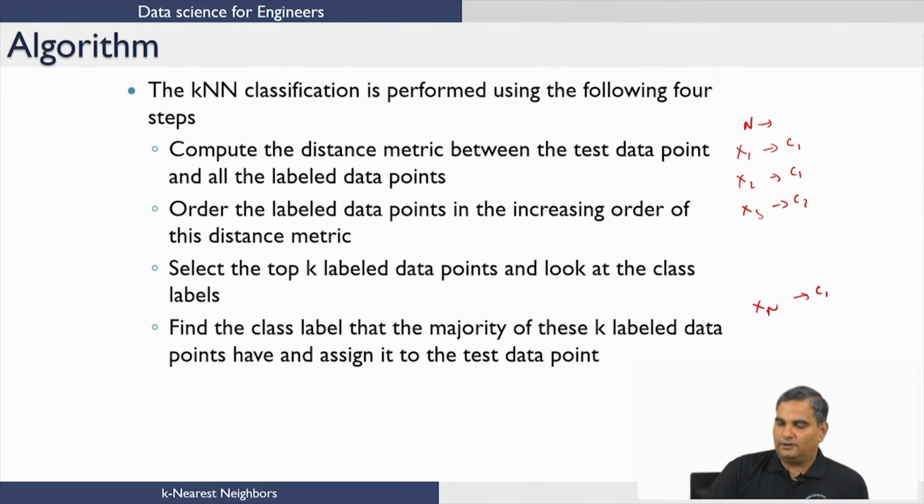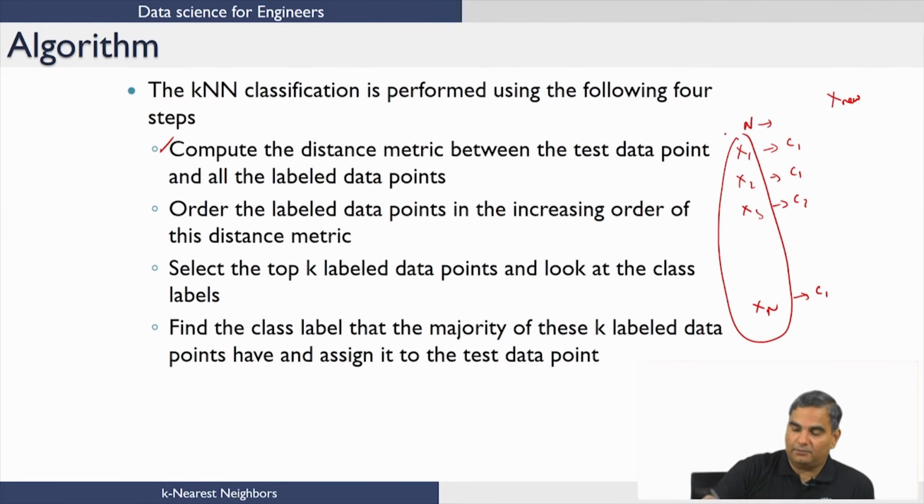Then what you are going to do is, let us say I have a new test point which I call x new, and I want to find out how I classify this. So, the very first step is we find a distance between this new test point and each of the labeled data points in the data set.